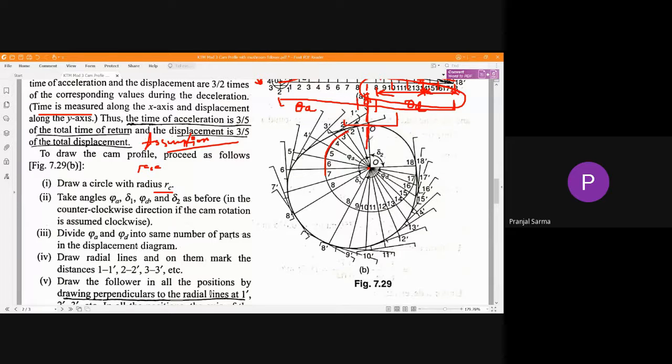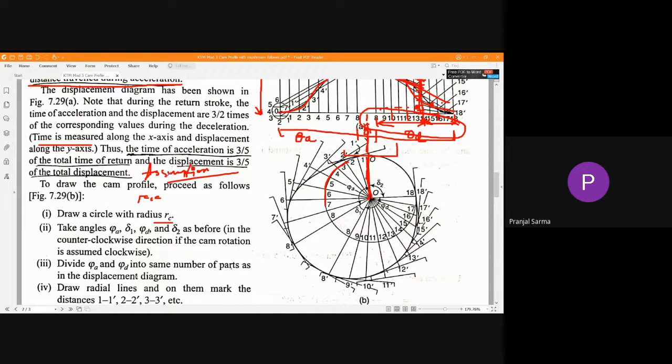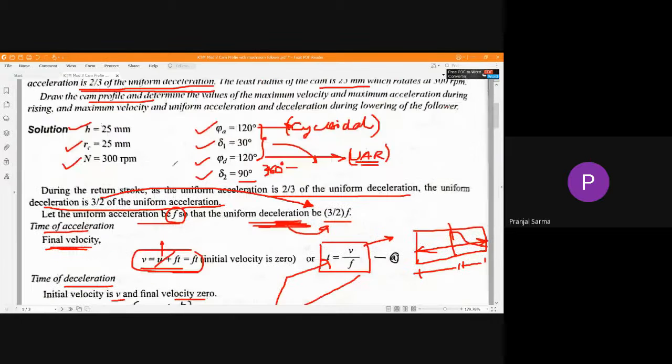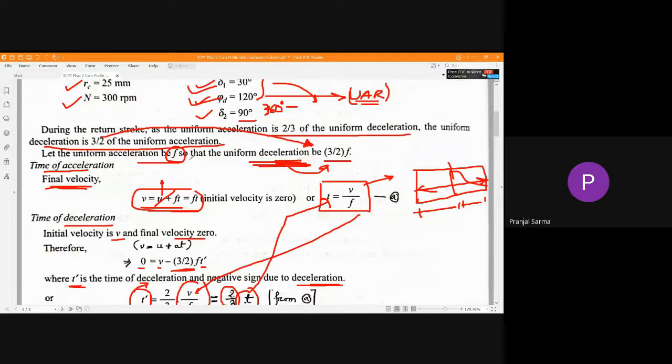Now, depending on the angles given, the stroke angle theta a, the dwell theta d, etc., we are going to make the divisions here also. If you recall, theta a was 120 degrees, first dwell 30 degrees, then once again 120 degrees.